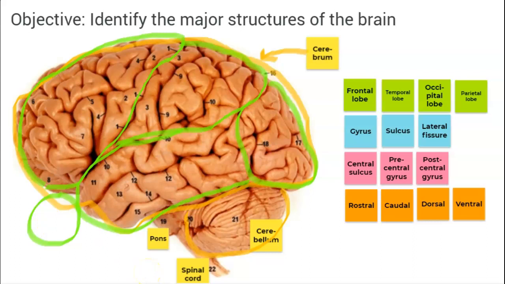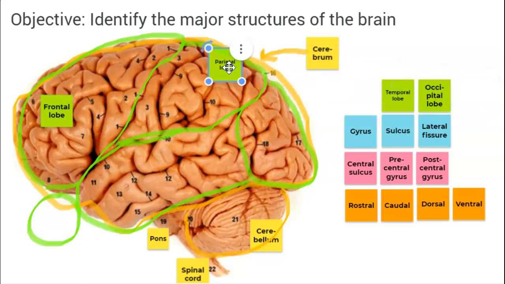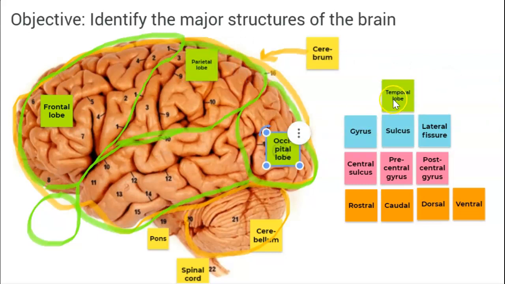So those particular lobes, the FPOT, kind of goes in a C structure, and that is the frontal lobe, the parietal lobe, which is more on top, the occipital lobe, which is at the back, and then the temporal lobe, or the temporal lobe, however you prefer to say that. So in that C structure, it goes FPOT.